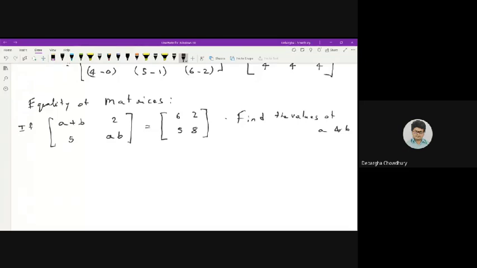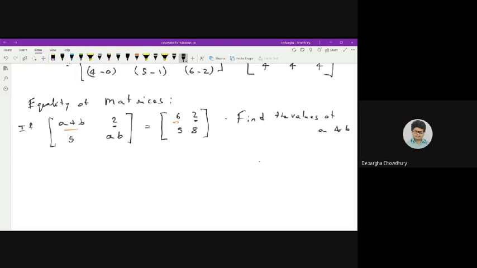See, since these two matrices are equal, we can say the first row, first column of the matrix is equal to this, isn't it? Since both of them are equal. We could also verify this: the first row, second column elements of both are equal.